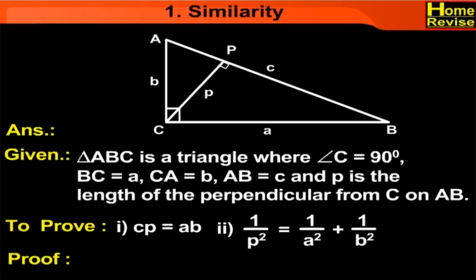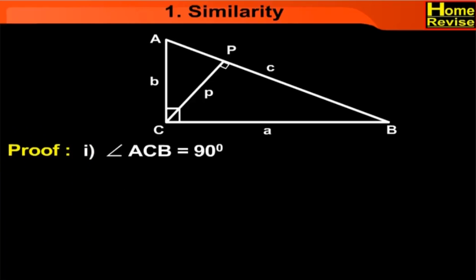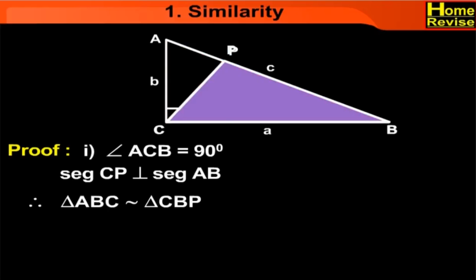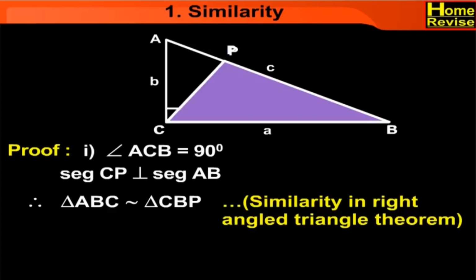Proof. 1. Angle ACB is equal to 90 degrees. Segment CP is perpendicular to segment AB. Therefore, triangle ABC is similar to triangle CBP, because of similarity and right angled triangle theorem.